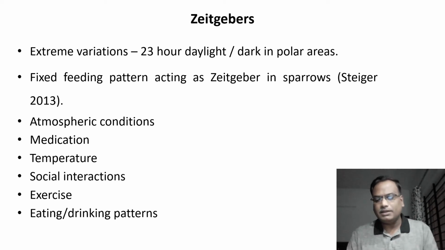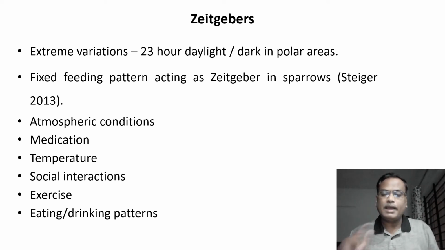In one experiment they did this, but it is very extreme. If the environmental cues are this extreme, like the whole day only light for many days, then the internal clock is going to be affected. Then, as I told you, it will enter into a free run. The animal becomes active 24 hours.